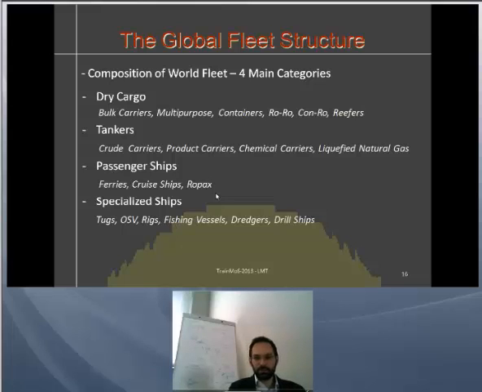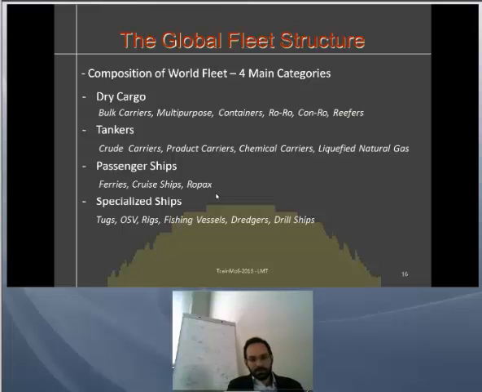And then we have the liquefied natural gas carriers, which are gaining in demand in the last few years, also through the development of natural gas as a prime mover in land use and in shipping as well.